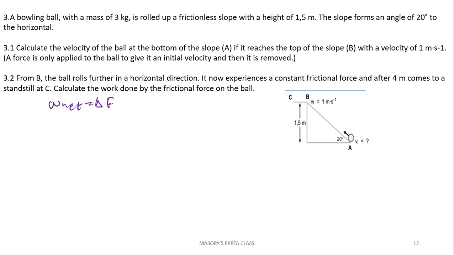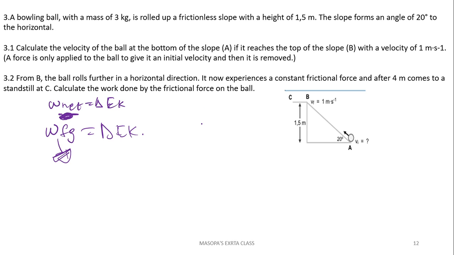But the work net must always be the work done by the FG. So please try this out and let me know in the comment section if it is working. You're going to look for the work done by the FG, which is equal to the change in kinetic energy.